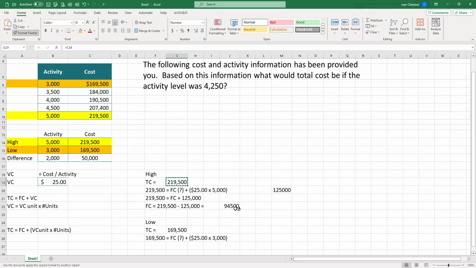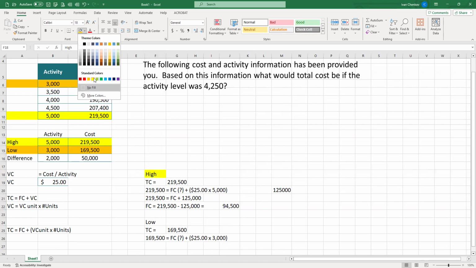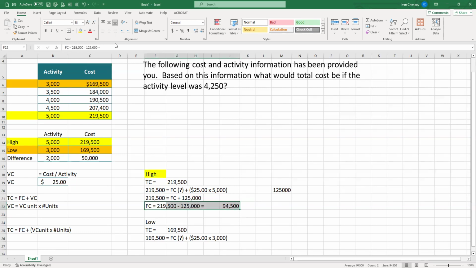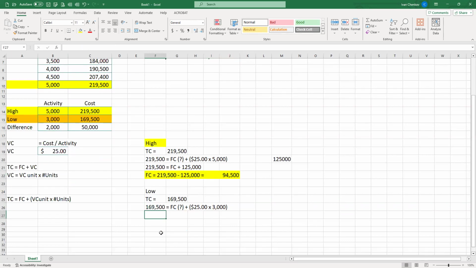Correct? Yes, Professor. 94,500. So at the high level, in the yellow, we're getting our fixed cost to be 94,500. Let's see what the cost will be at the low level.